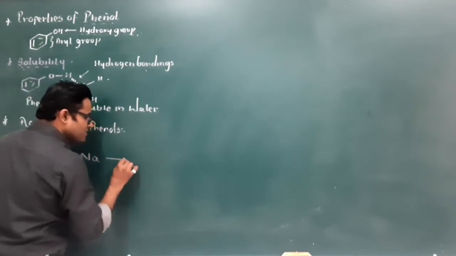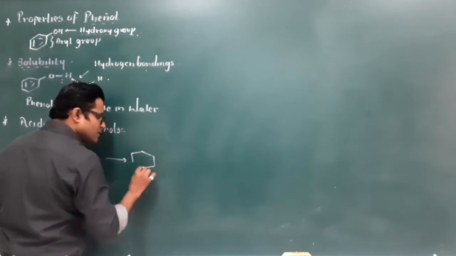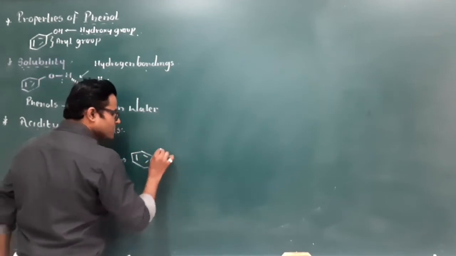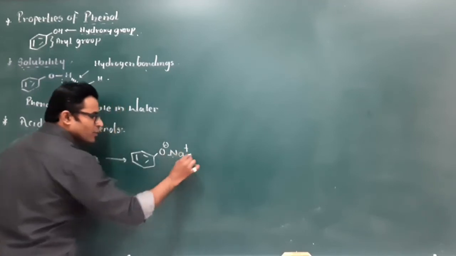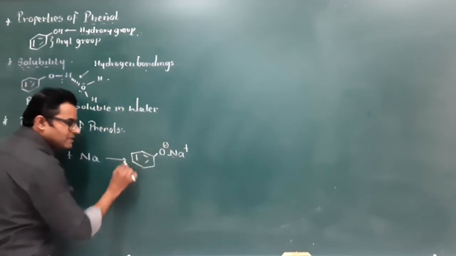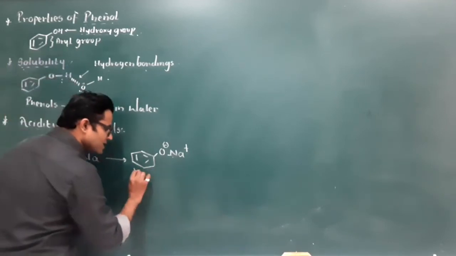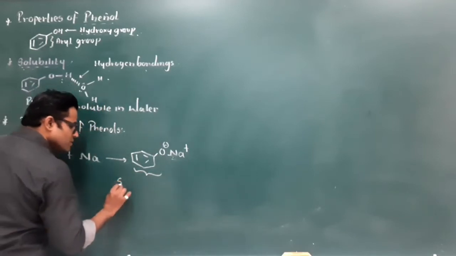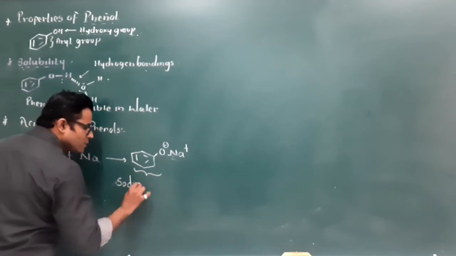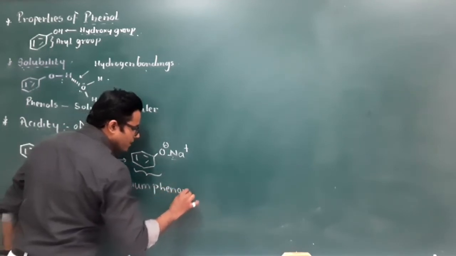Okay, so when it reacts with sodium, it will form sodium phenoxide. That is, sodium with a positive charge and the phenoxide with the negative charge over here. Okay, so this part is a phenoxide, and this becomes sodium. So what we have is sodium phenoxide.